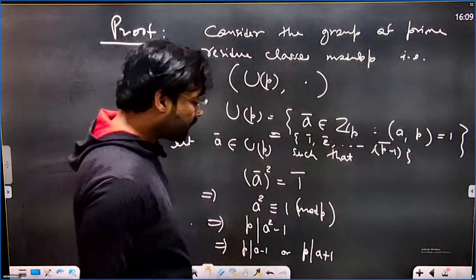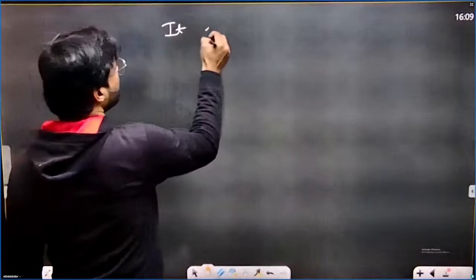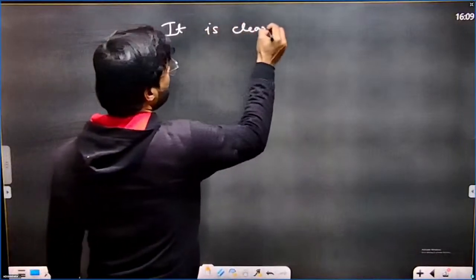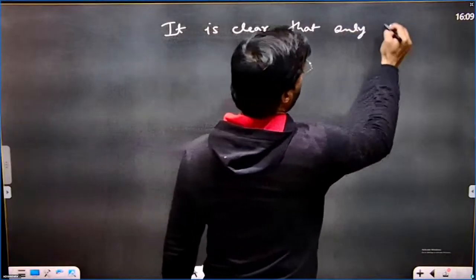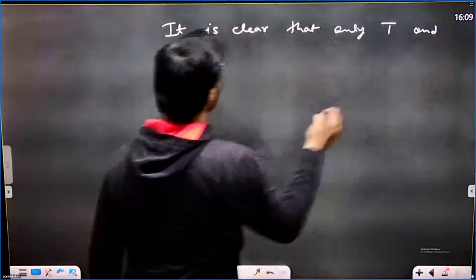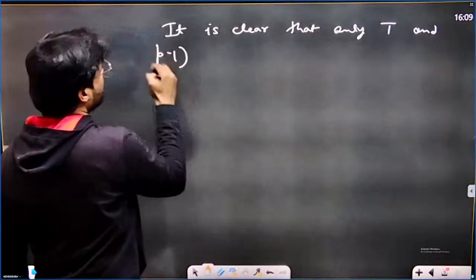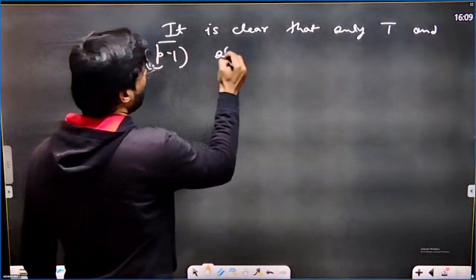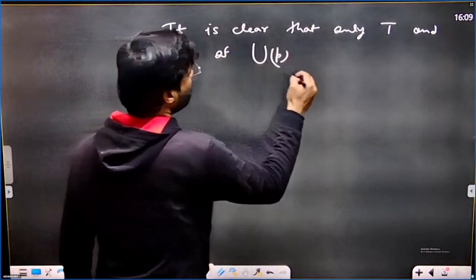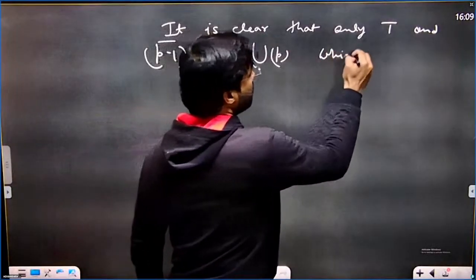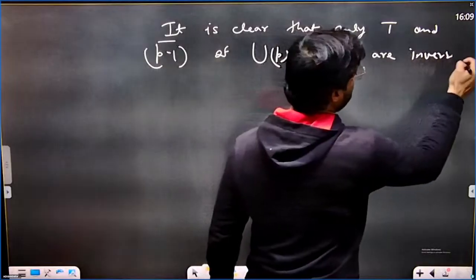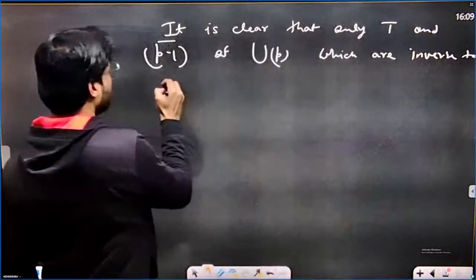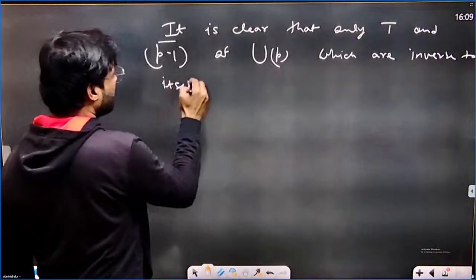So now it is clear that only 1 bar and p minus 1 bar of this group are inverse to themselves.